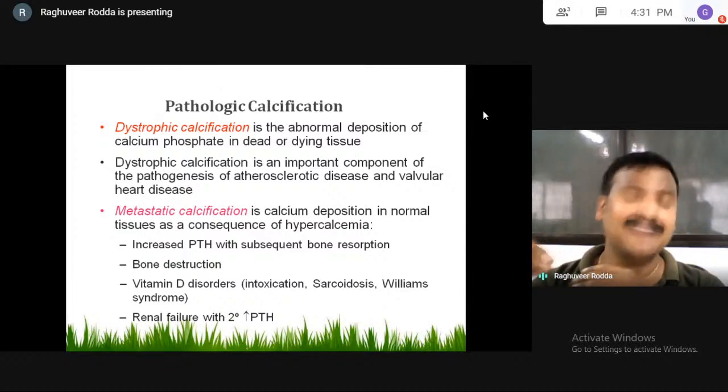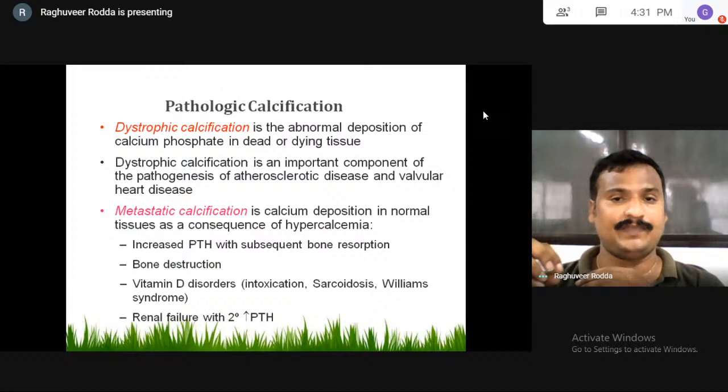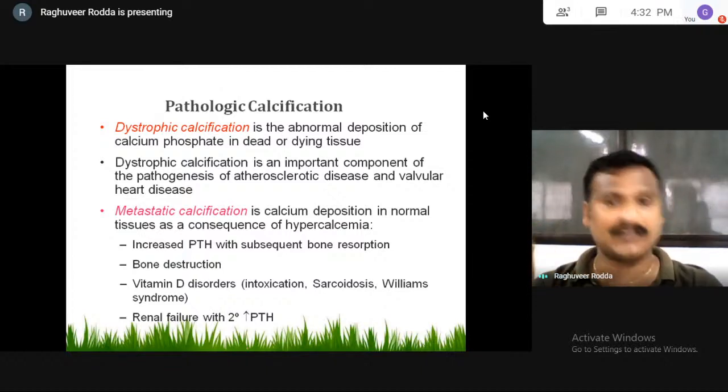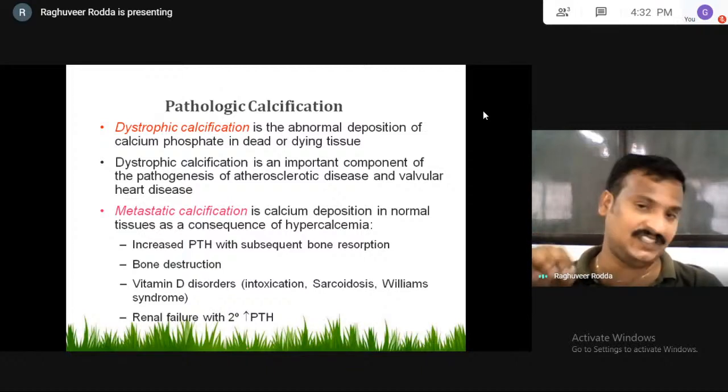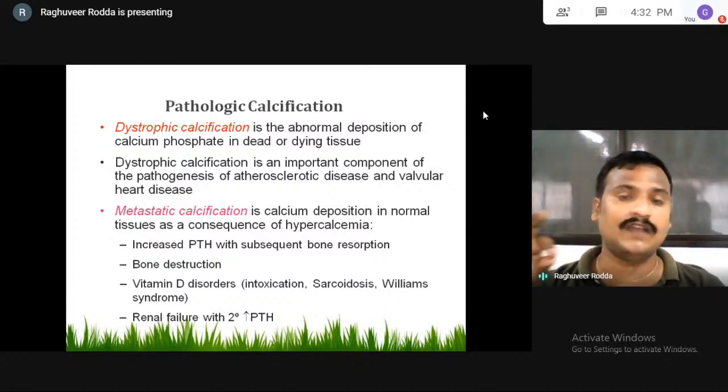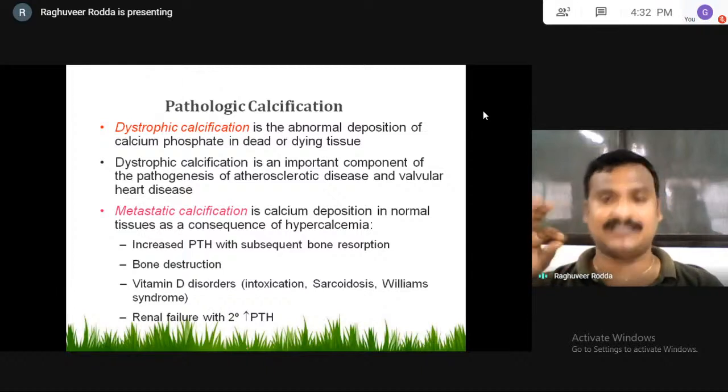So the cells which have died, if an atherogenic plaque forms, it is going to lead to the condition called atherosclerosis, the narrowing of the blood vessel due to the deposition of lipid substances and dead endothelium cells.